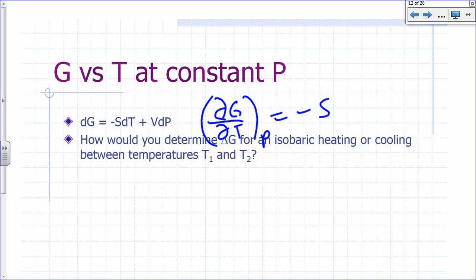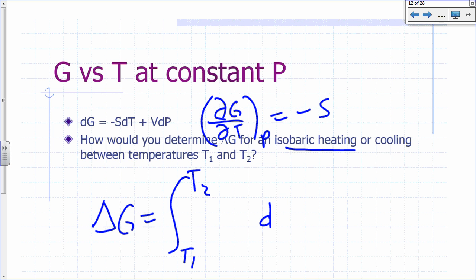So how would you determine delta G for an isobaric heating or cooling from T1 to T2? What would I write? What would be my limits? From T1 to T2, what am I changing? Temperature. So what derivative goes here?